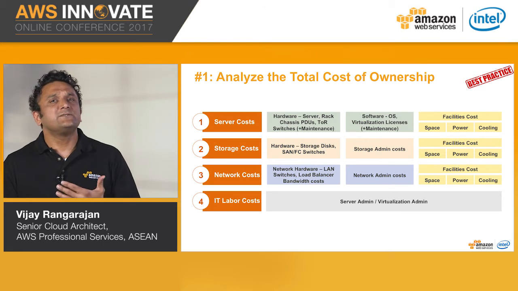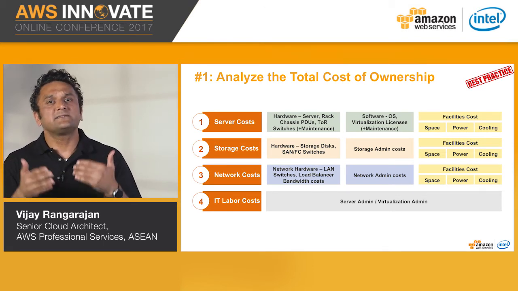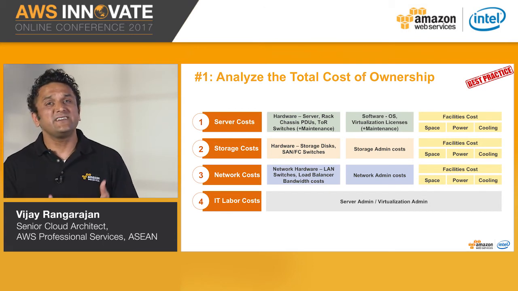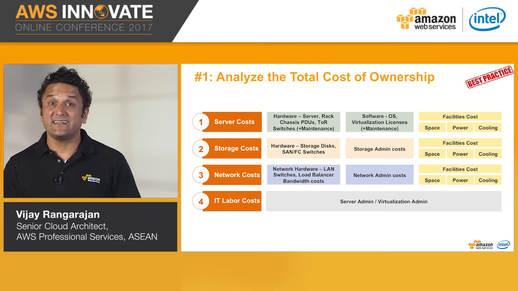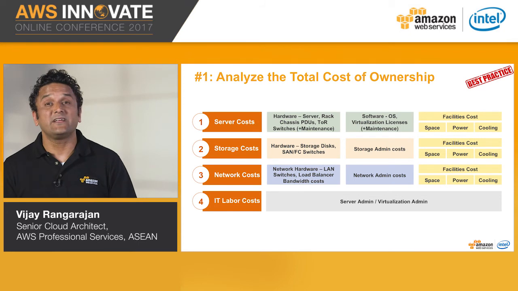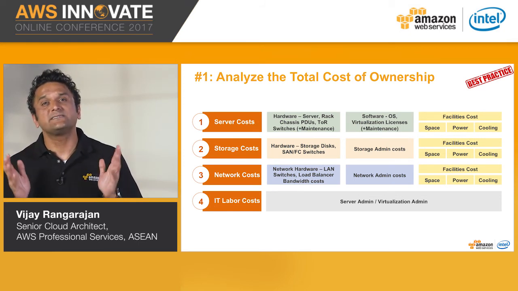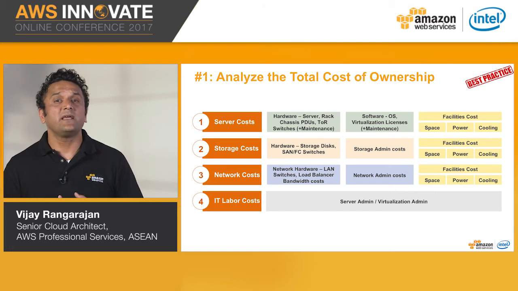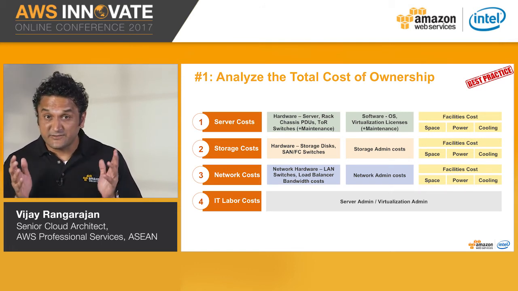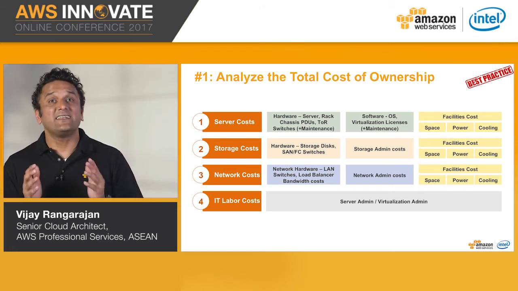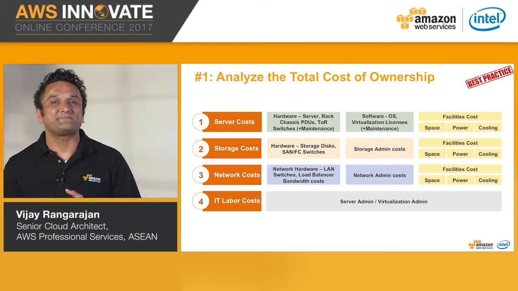You will also need to do this at individual application level, because it is very important to take into consideration all the direct and the indirect costs such as power, cooling, real estate, as this will give you an idea of what it's going to cost in the new world. And not just that, it also helps you to drive your ROI and other critical success factors.